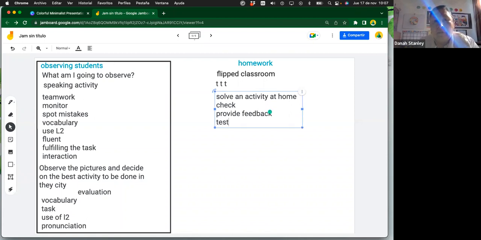And test again. Puede ser por homework otra vez. Can be vocabulary, can be grammar. Also can be a reading.